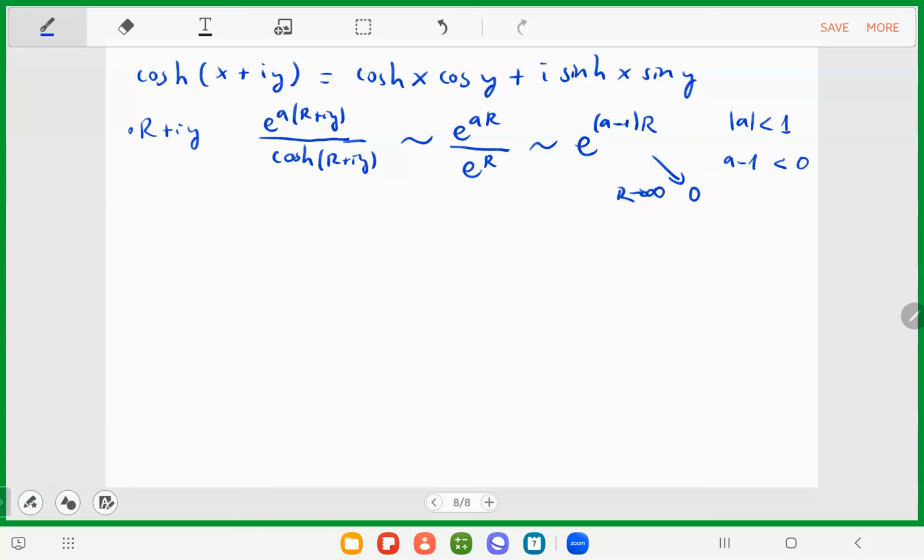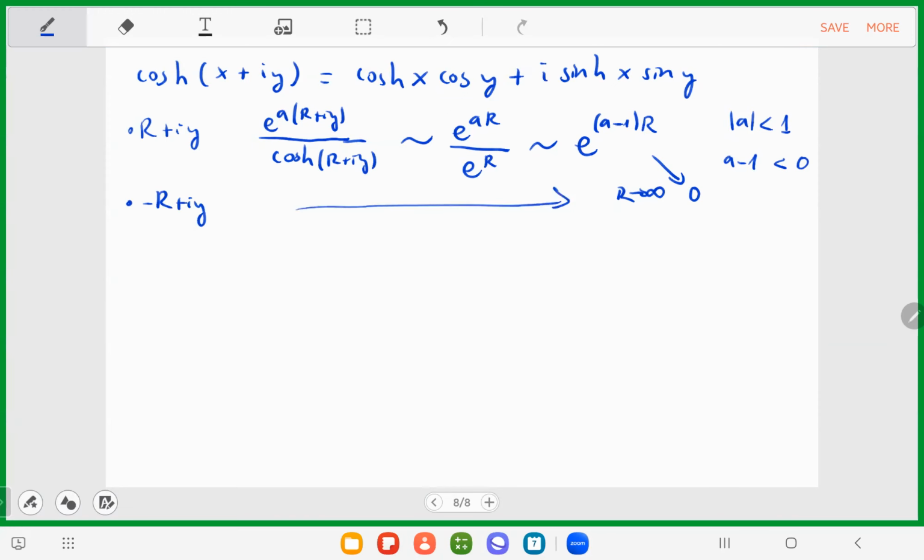And for the other vertical line, minus r plus iy, sorry, it's actually going to be the same, because the hyperbolic cosine, as I said, will have an exponential of r and an exponential of minus r. So the big one would be, again, the exponential of r.